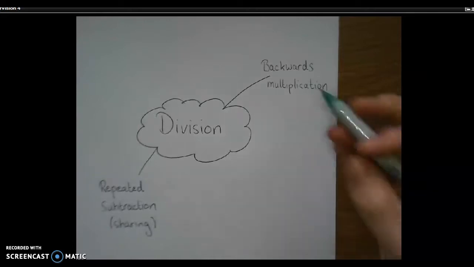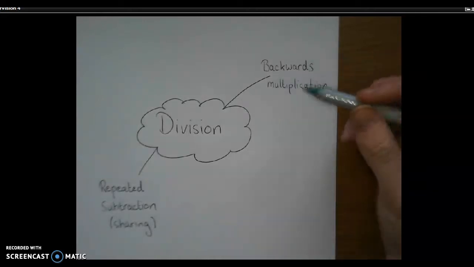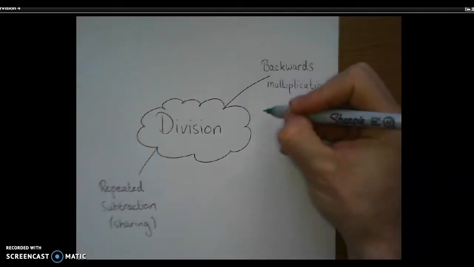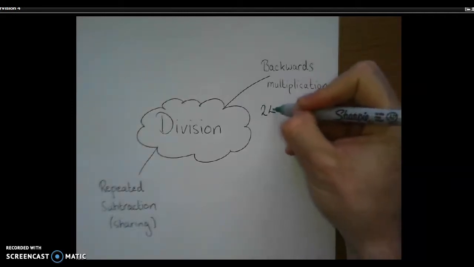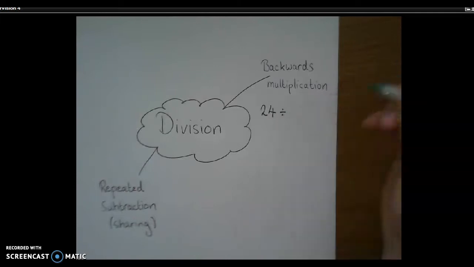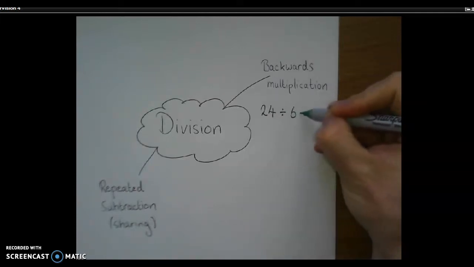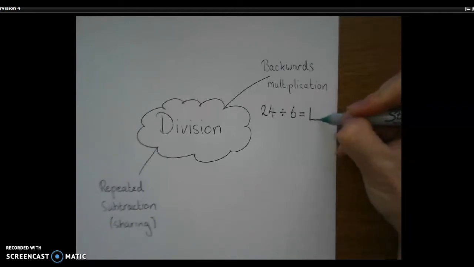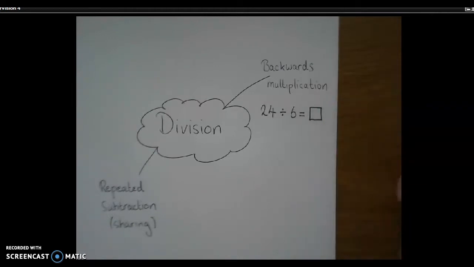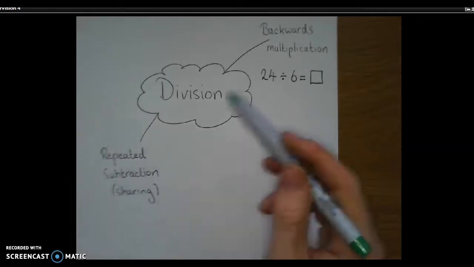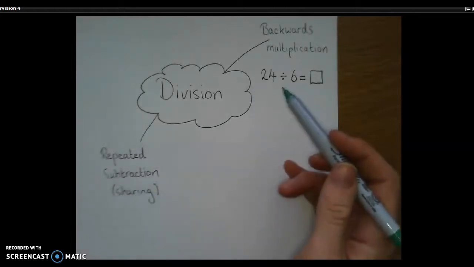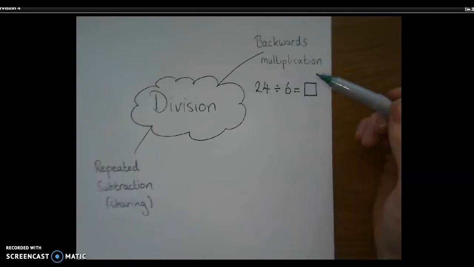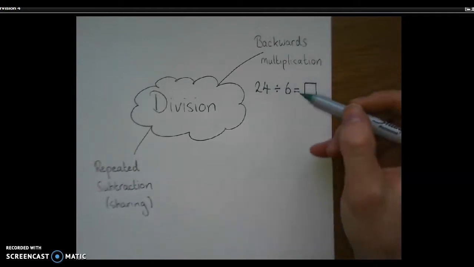Okay, so backwards multiplication would be if we had a sum like 24 divided by 6. Okay, now we could very simply do the repeated subtraction method, which I'll show you for the same sum. Okay, so the backwards multiplication, 24 divided by 6.